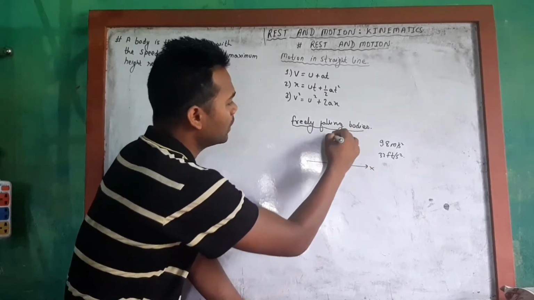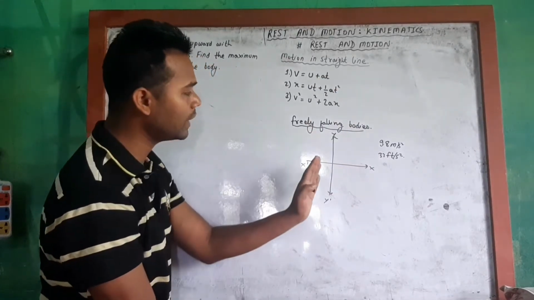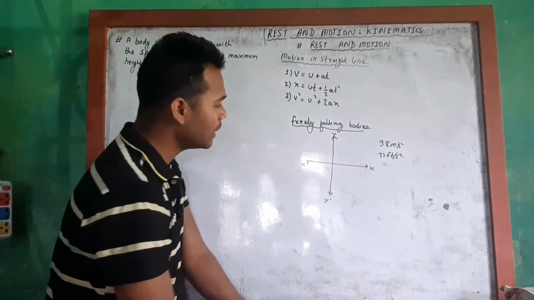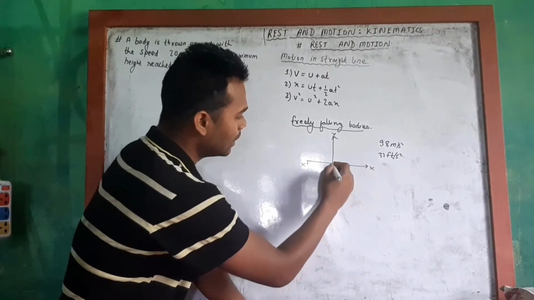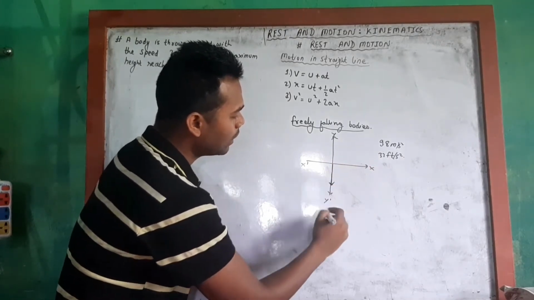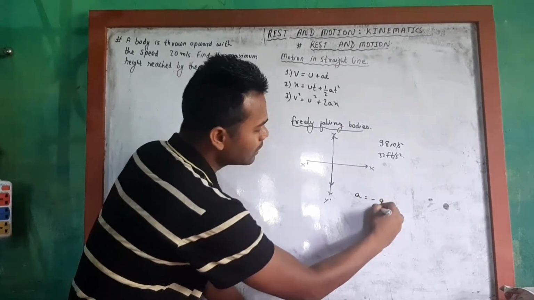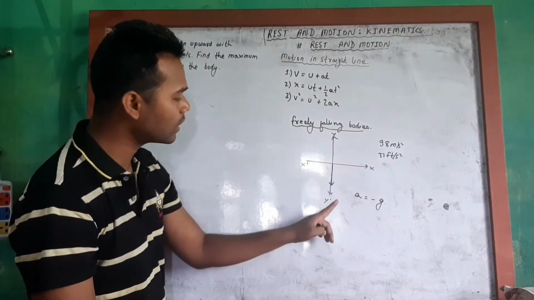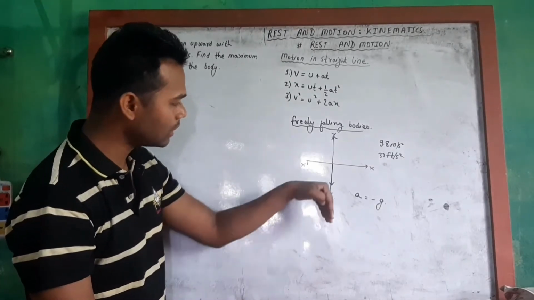where the upward direction is the positive y-axis and the downward direction is the negative y-axis, then the acceleration is directed downward, and that's why acceleration can be taken as minus g, because the acceleration due to gravity is directed toward the negative y-axis, directly downward.